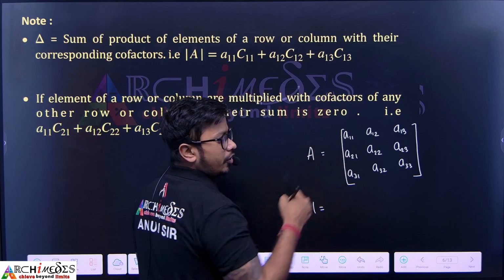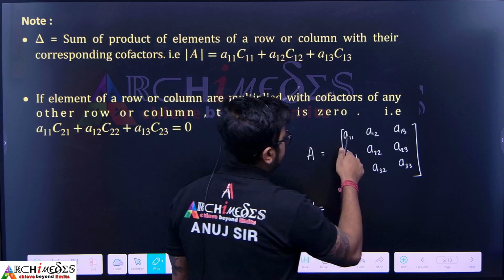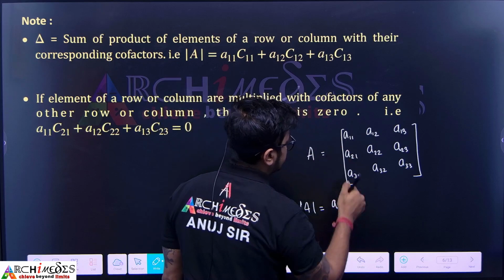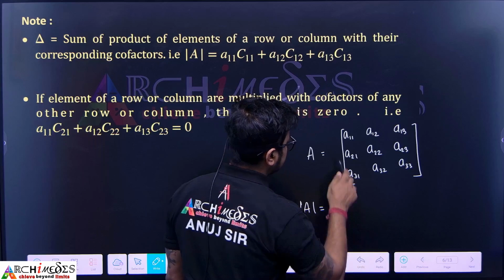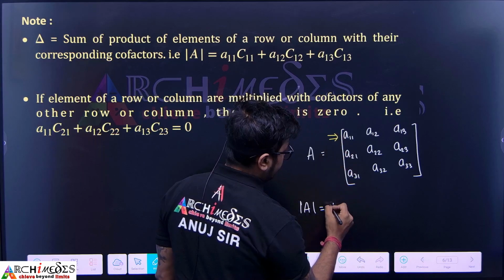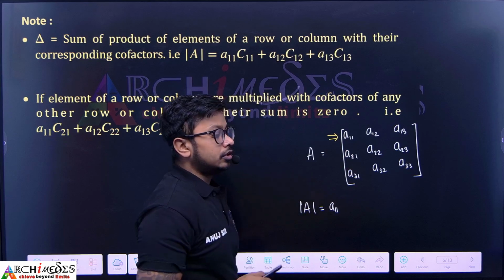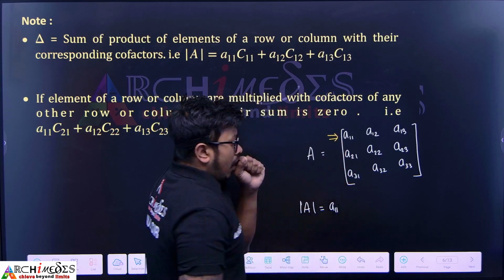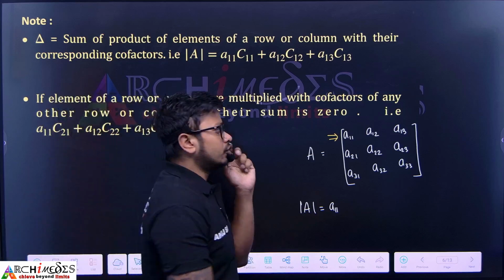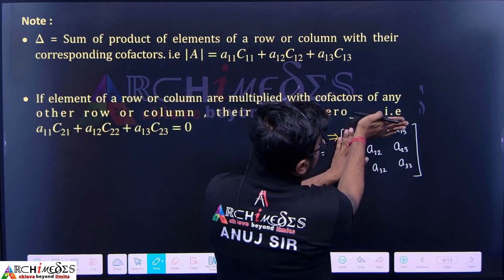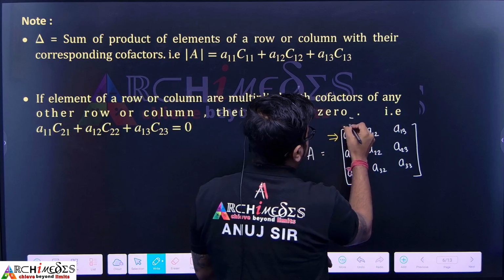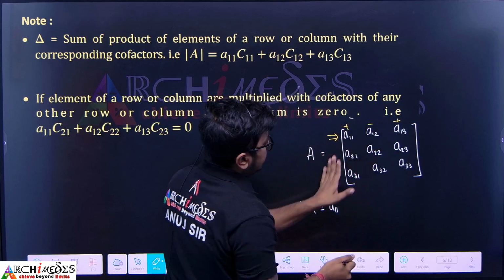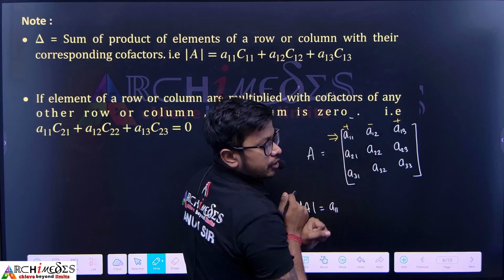We'll choose any one row. For example, if we choose this first row, A11, what will we do? You'll hide the row and column of this one. Hiding the row and column, as we know very well, with plus minus plus signs, means you are actually taking the cofactor.